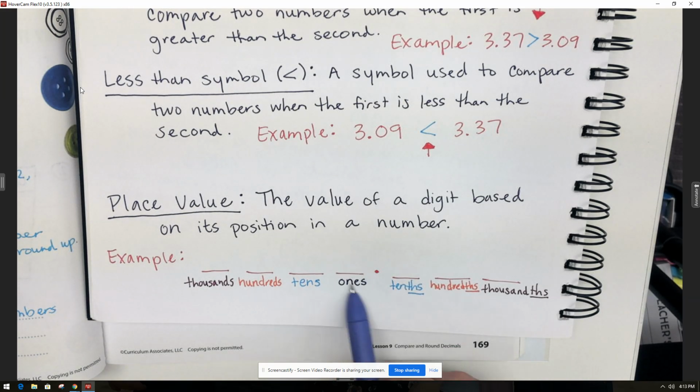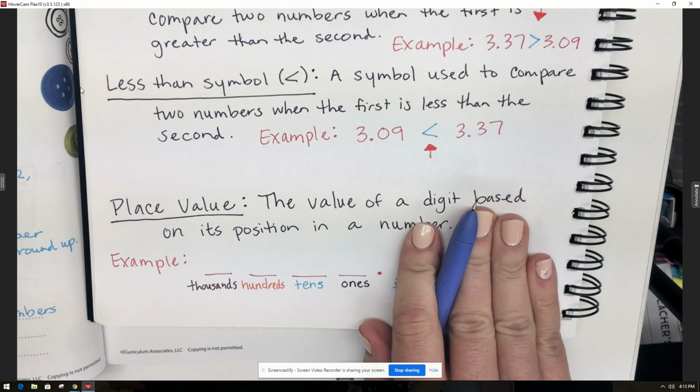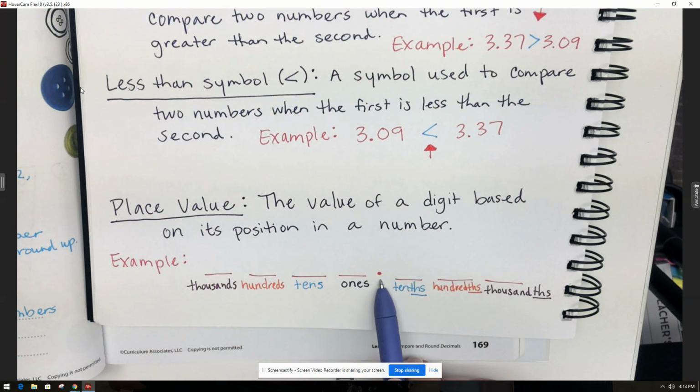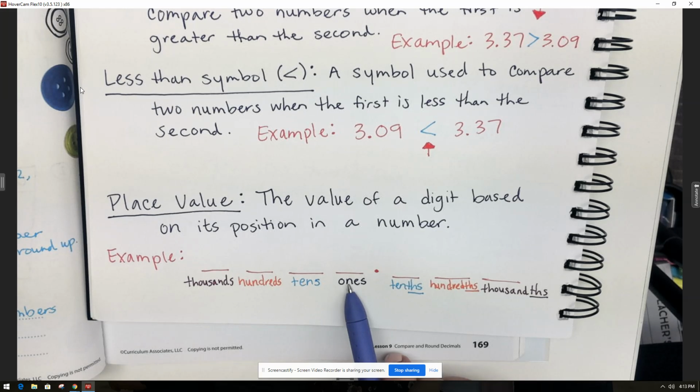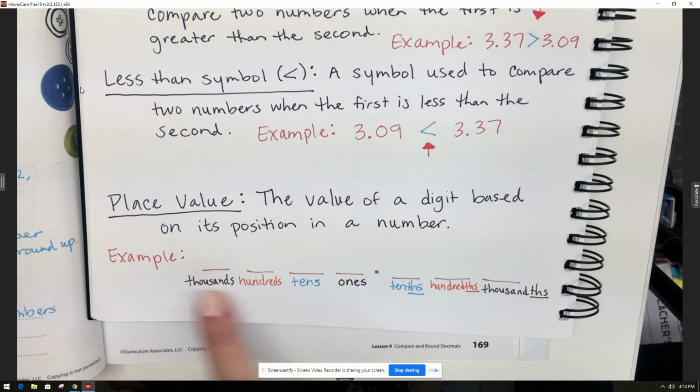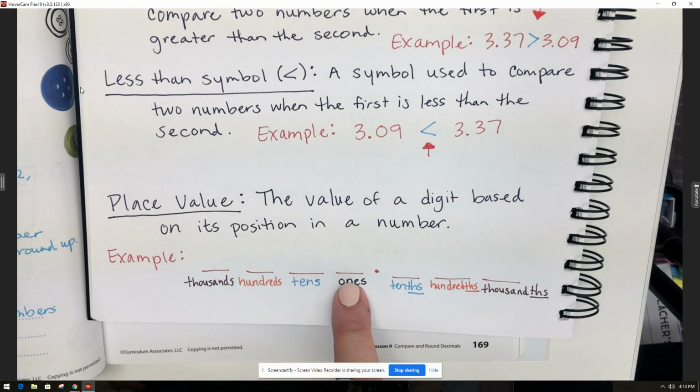So you're always going to have a digit in the ones place, and even if there's no decimal part, we still know in our brains that the decimal point always comes to the right of the ones place. We have our ones place, then our tens, hundreds, and thousands. Or if we're going to the fractional part, we have our tenths, hundredths, and thousandths.